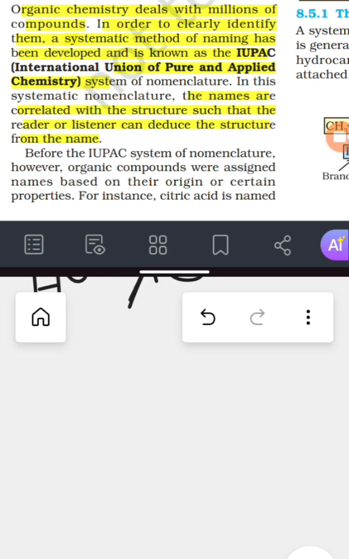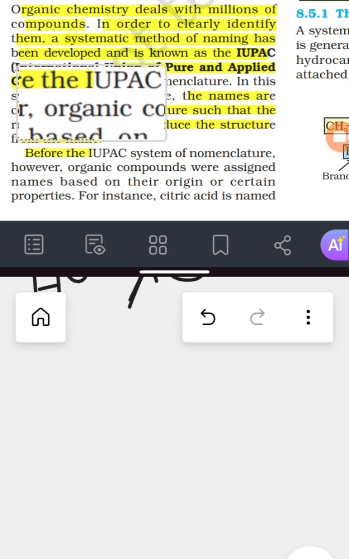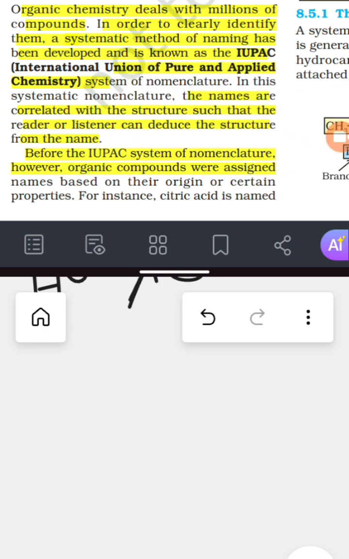Before the IUPAC system of nomenclature, however, organic compounds were assigned names based on their origin or certain properties. Only a few organic compounds were known then, and they were named from where they were obtained.